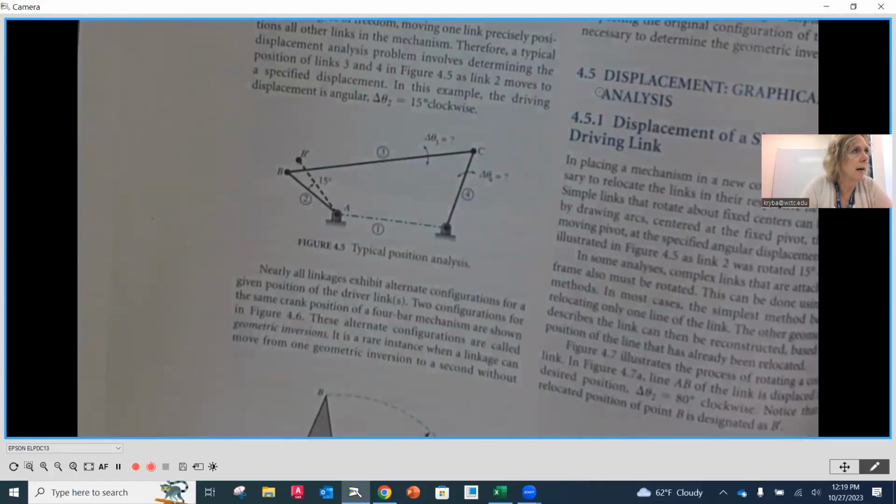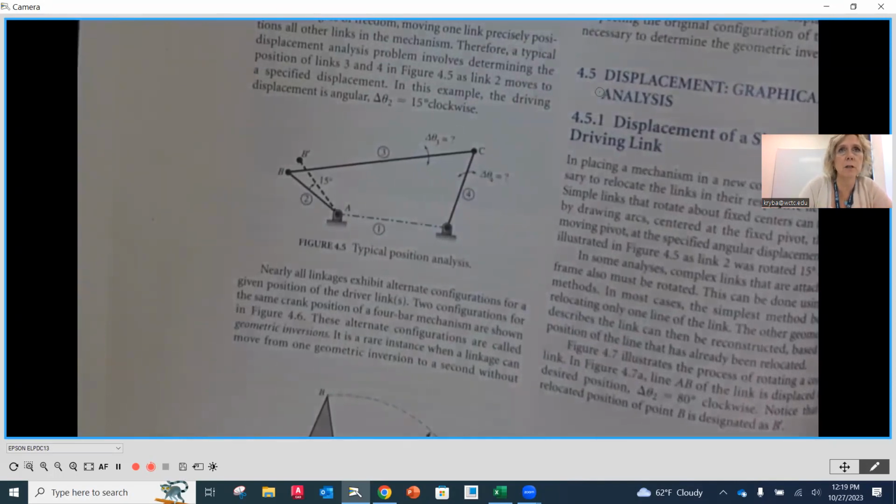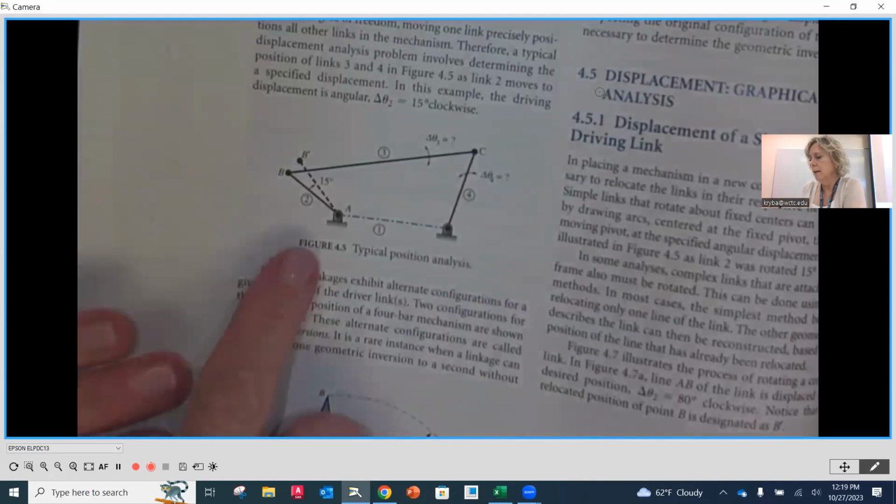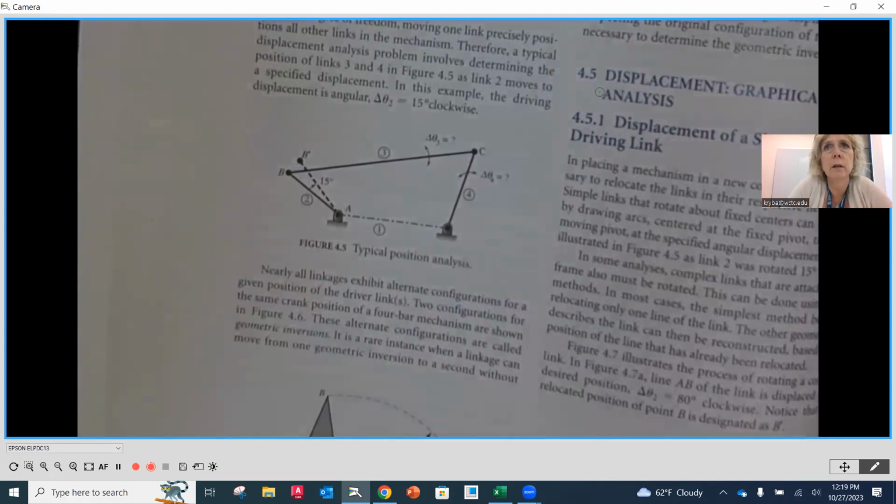Now, as we look here, first and foremost, position analysis is where are all the mechanisms at this point in time? And then additionally, we would be getting angles and lengths of each one of those links. You'll notice that they moved that first link, number 2, identified as from points A to B. Because that link rotates about that point A, about that center, B is the one that actually displaces.